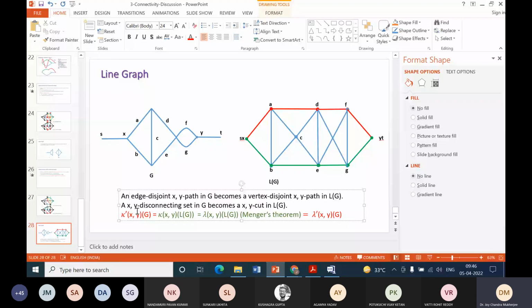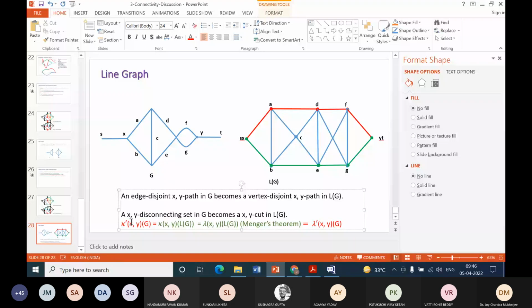we can say that kappa prime xy for this G is nothing but equal to kappa xy in LG. So after this line, I can say that kappa prime xy in G equals kappa xy in LG.